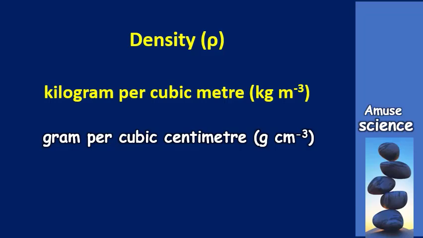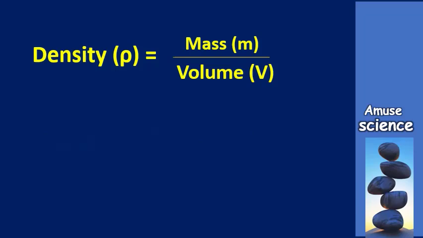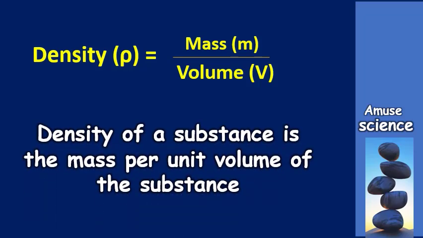That is the mass divided by the volume. In fact, the definition of density is the mass per unit volume of the substance. We want to lay emphasis on the per unit volume.